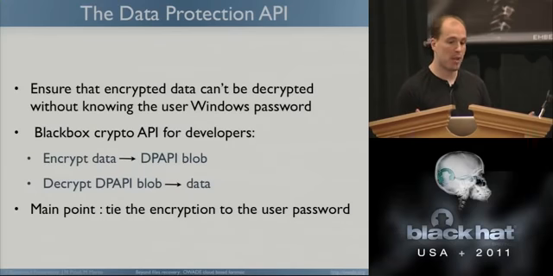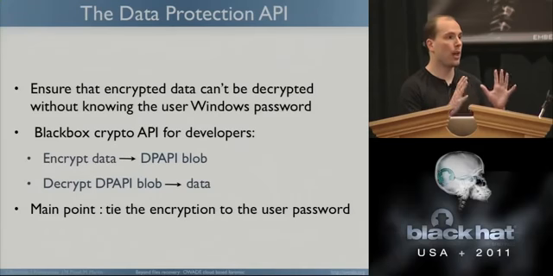It's a black box API. The Microsoft documentation is very succinct. It's going to say, here's a function to encrypt, and you get a blob. Here's a function to decrypt: you give me a blob, I give you the data. The main point is that DPAPI's sole goal is to tie your encrypted data to the user password.